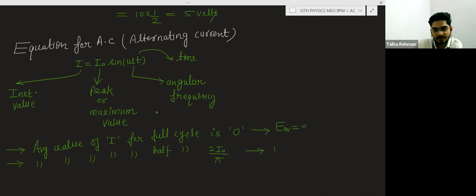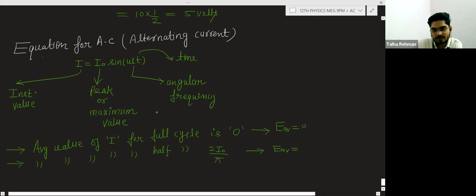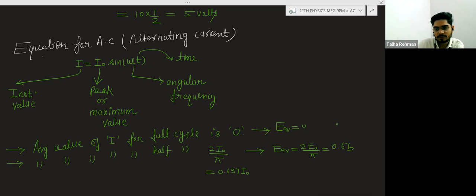For half cycle E average is equal to 2 E naught by pi, and when you divide 2 by pi, you will get 0.637 of E naught. This also you will get 0.637 of I naught.